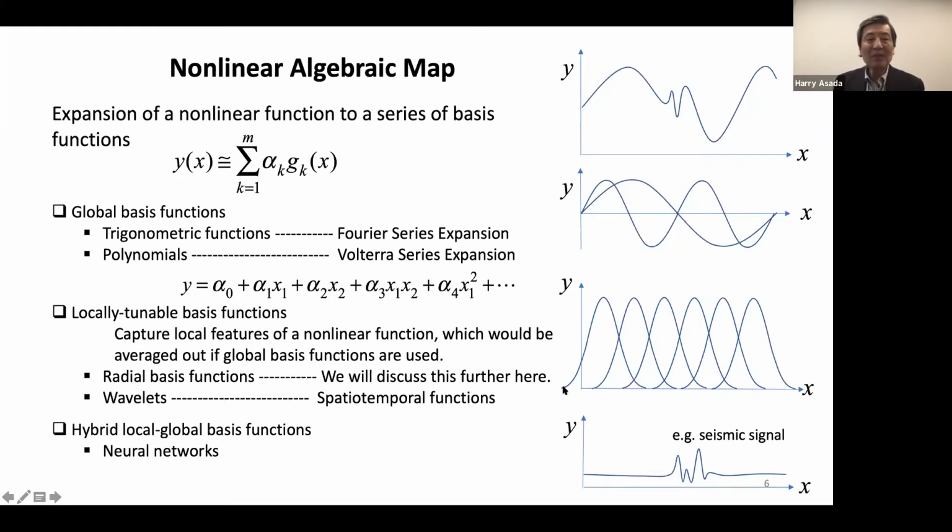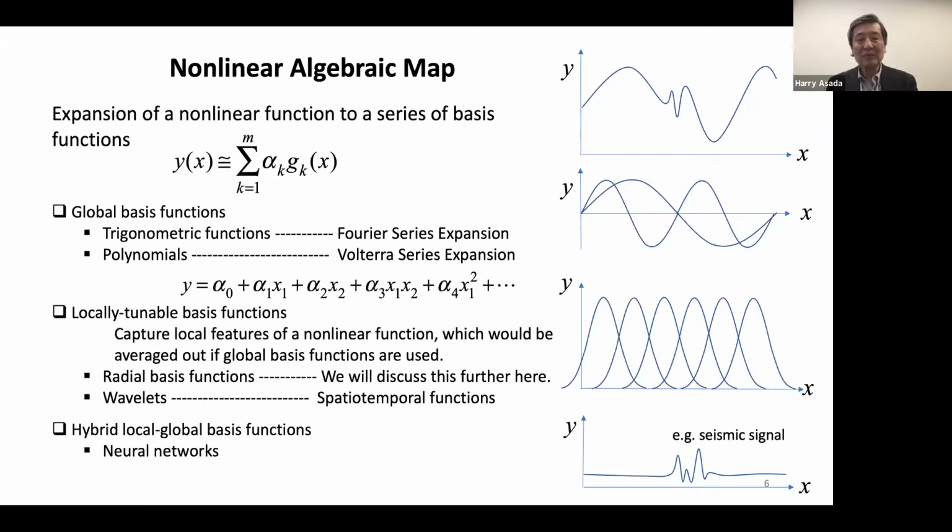But if you have locally tunable basis functions, we can capture this. One particularly interesting function is called the wavelet, which, if I have time, I'll explain at the end.